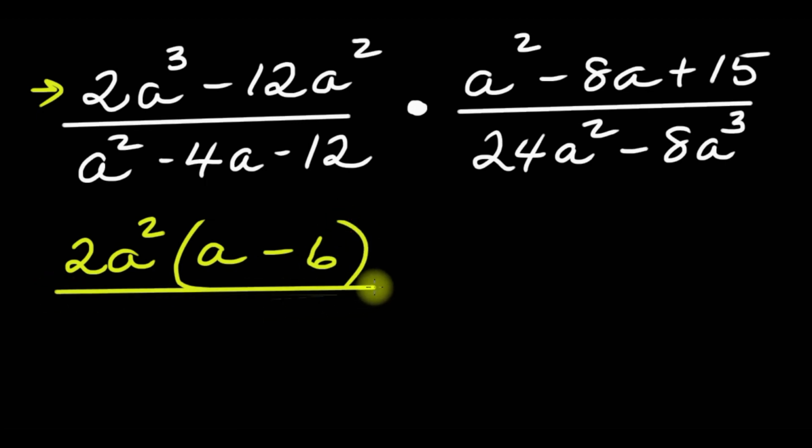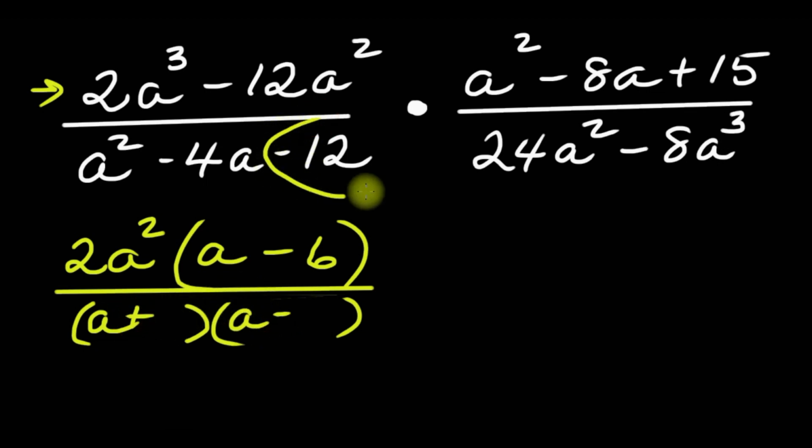And then the denominator, it's a trinomial, so I can factor that into 2 binomials. So it's going to be a plus, a minus. So factors of negative 12 that when you add them come out to negative 4. Has to do with 6 and 2, so positive 2, negative 6.